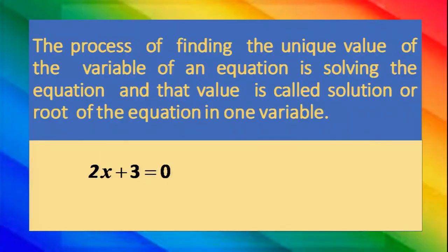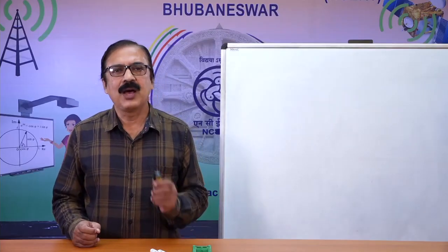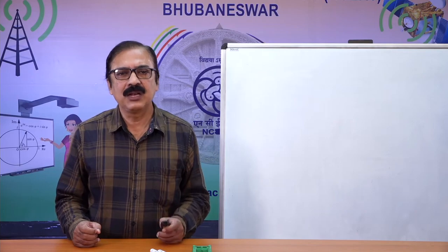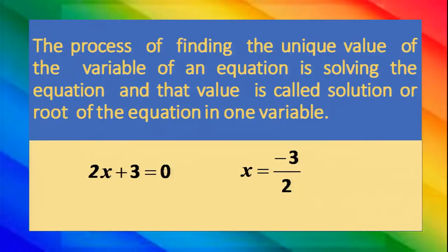Okay, let's see an example. 2x plus 3 is equal to 0. This is an equation, a linear equation, and in one variable. What is its solution? Its solution is x is equal to minus 3 by 2. How to solve it?